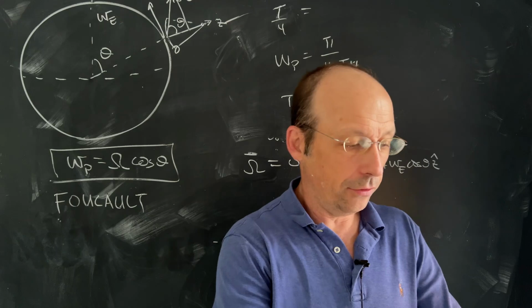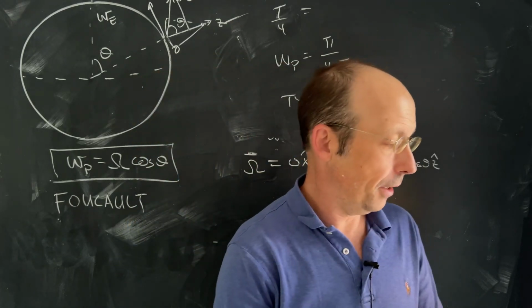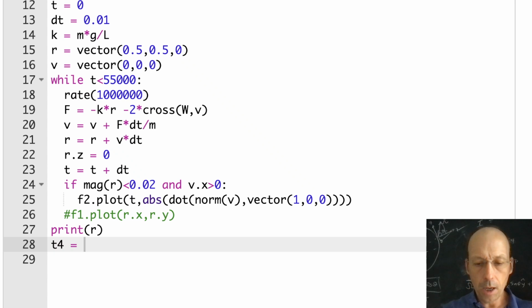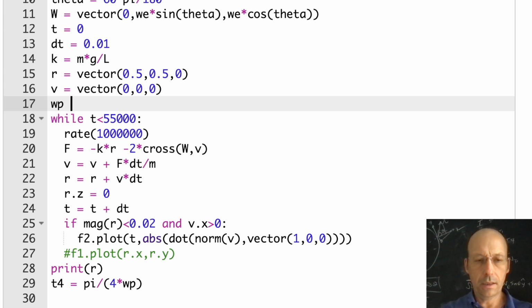So T4 is going to be equal to pi over 4 times omega p. Did I calculate omega p? Let's do it up here. Omega p is going to be equal to omega earth times cosine of theta.